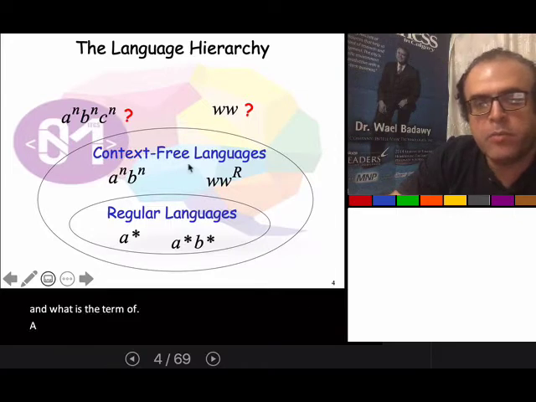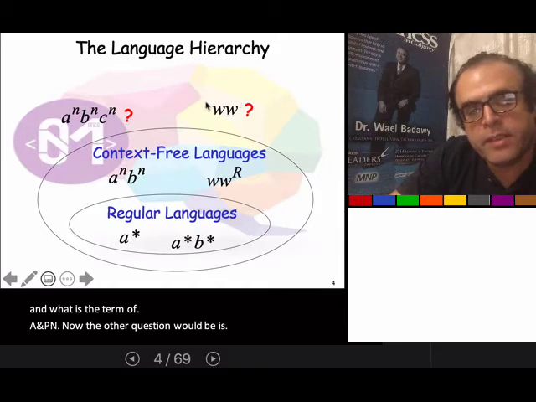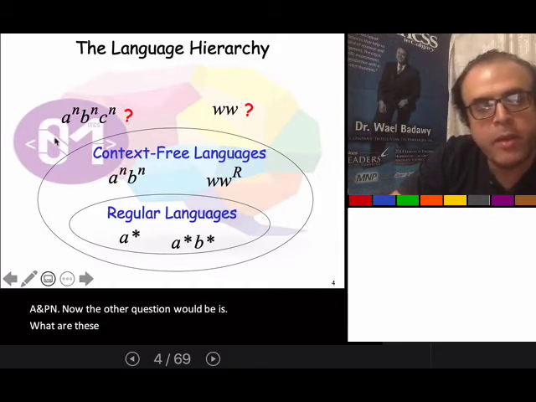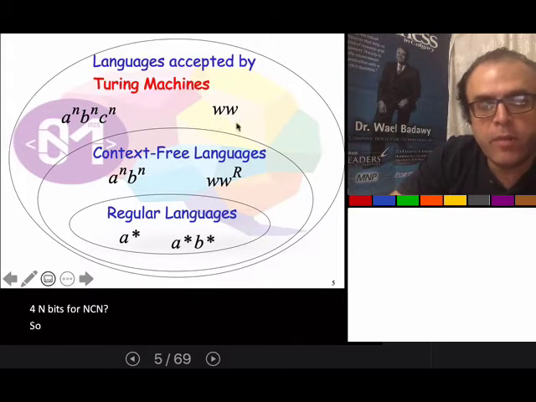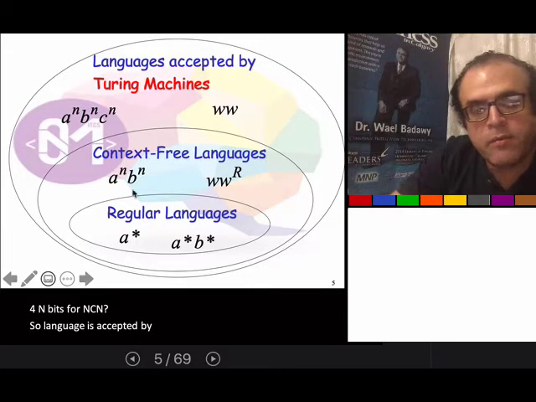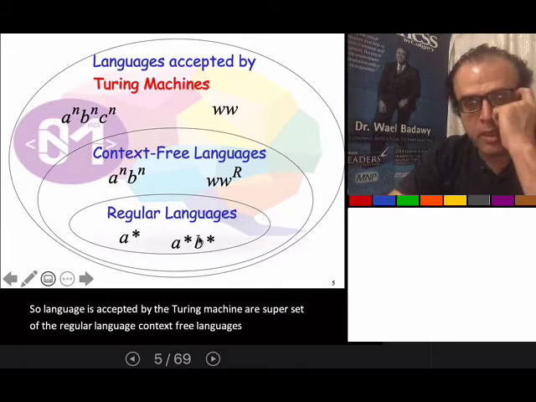The other question will be: what are these terms, ww, and a^n b^n c^n? Languages accepted by the Turing machine are a superset of the regular languages and context-free languages.